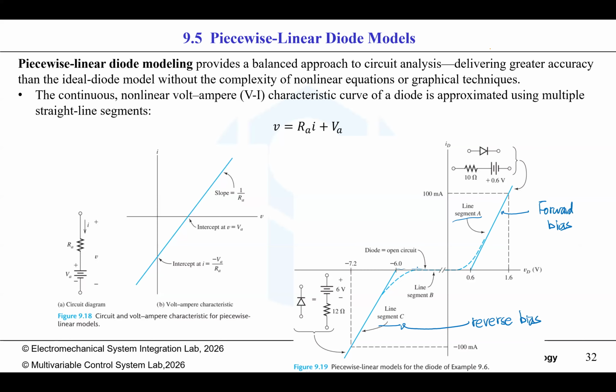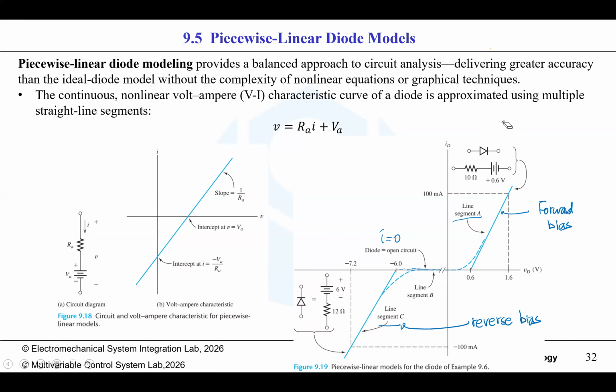And in the middle, because I equals 0, it is open circuit. So we use this to approximate a Zener diode, although it uses a symbol of a normal diode, because it has this reverse bias region.